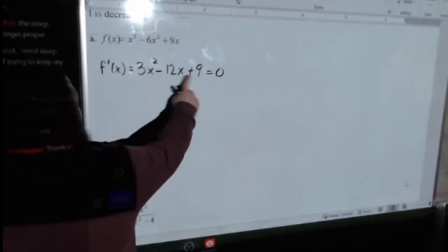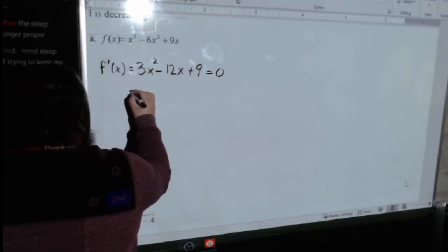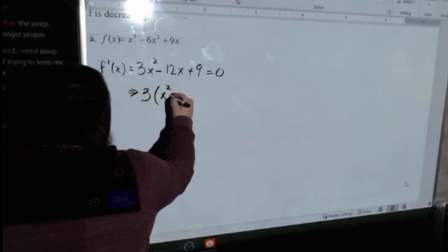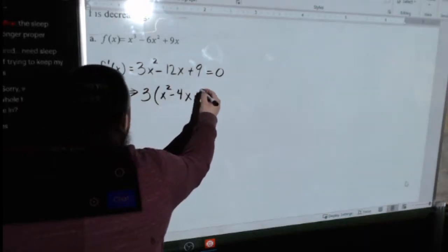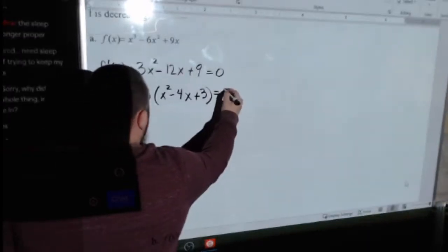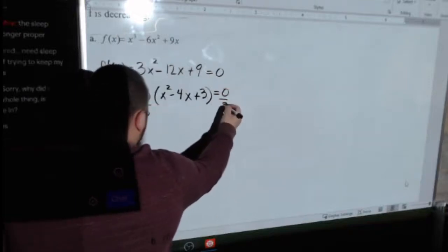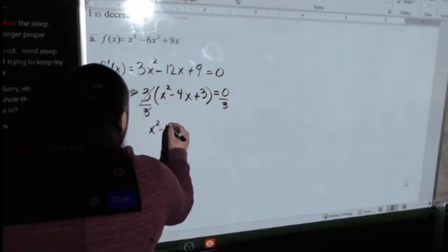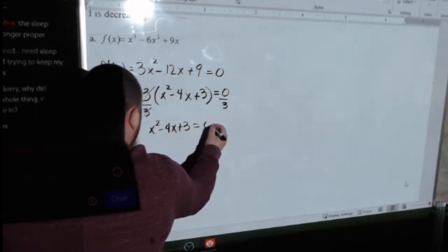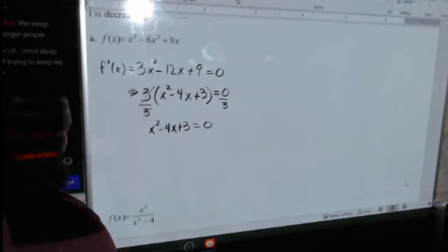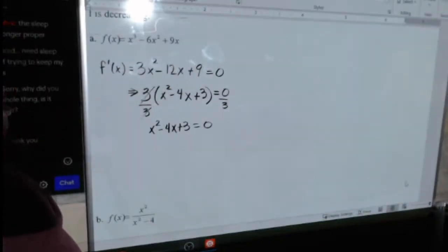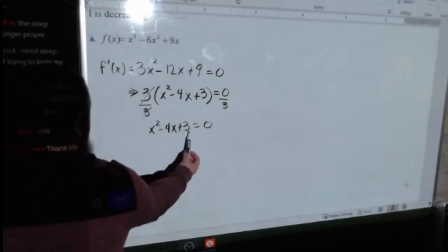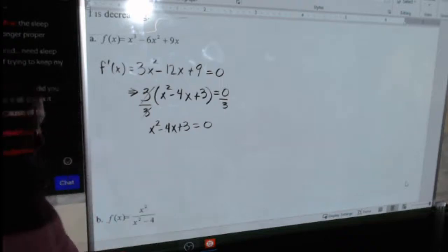I notice each one of these terms has a 3 in common. I'm going to factor that out. And then if I were to just divide by 3, that'll disappear. So I've got x squared minus 4x plus 3 equals 0. That can be factored, I believe. So let's see, we need two numbers that multiply to positive 3 and add to -4.